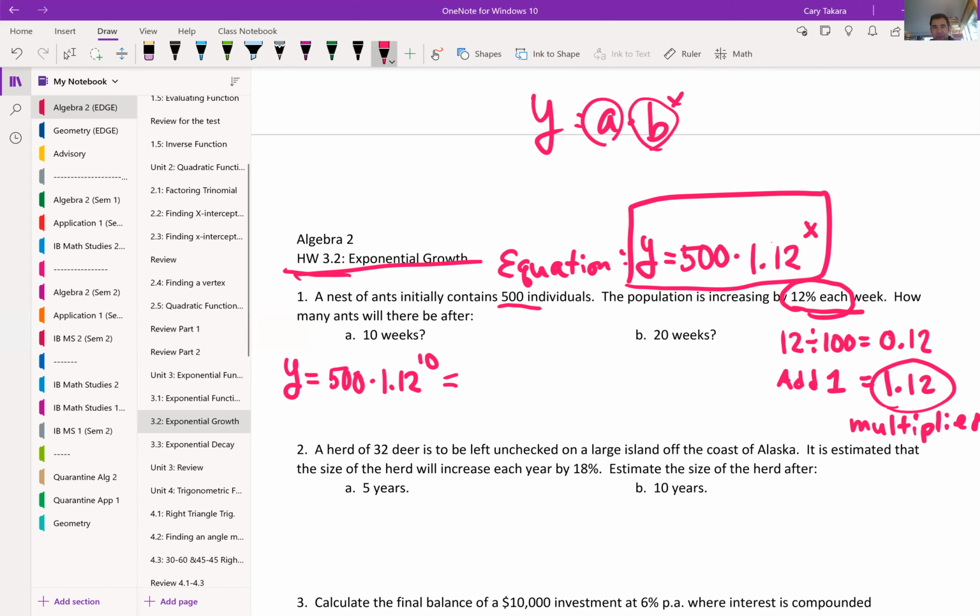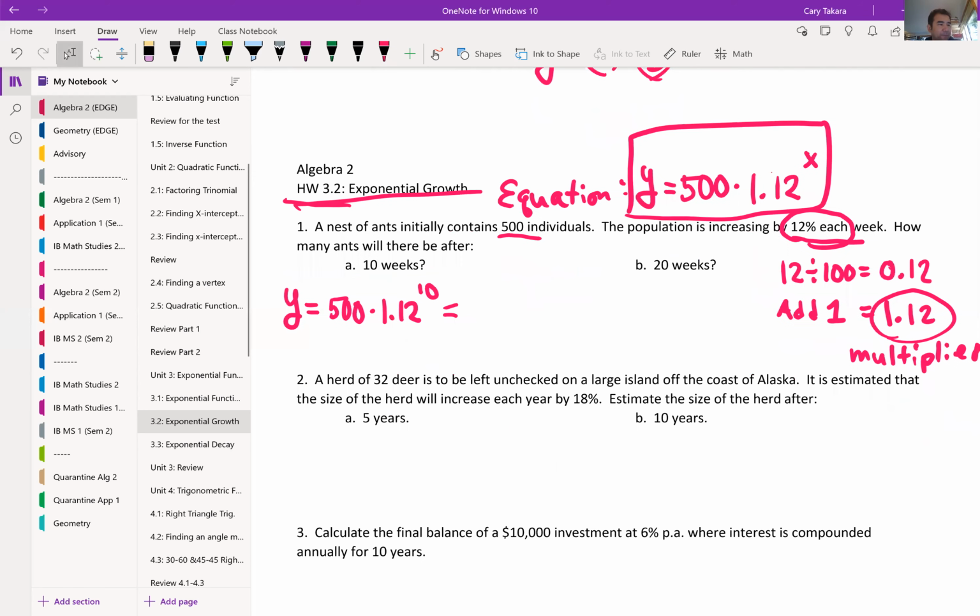Okay, so if you are using a cell phone calculator, the exponent button is on the second row around the middle. You see this x to the y button? That's the exponent button. So this is how you do it.